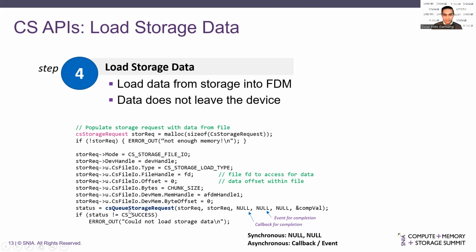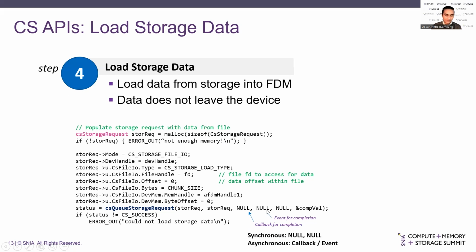Now, this API starts with CSQ, a star request, and we follow the same format for the next 3 steps. The input is the request. The next one is the context. Here, the next 2 parameters are shown as null, which means this API is working in synchronous mode. But if you choose to use it in asynchronous mode, then you may specify a callback for the 3rd parameter or an event for the 4th parameter.